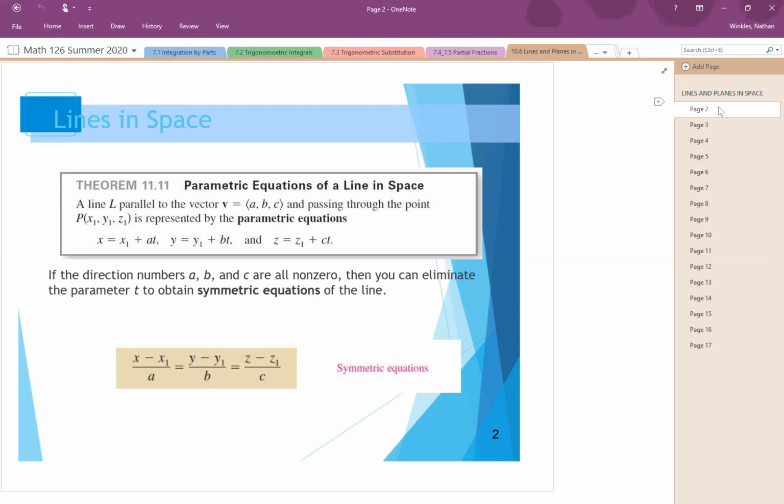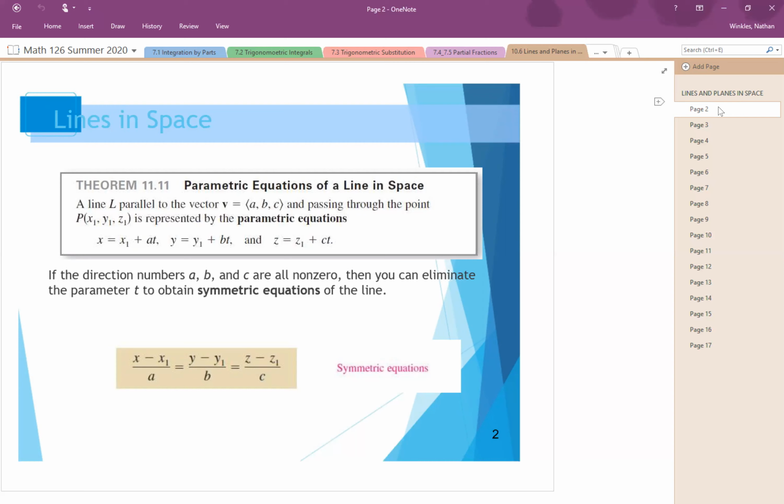If the direction numbers a, b, and c are all non-zero, then you can eliminate the parameter t to obtain the symmetric equations of the line: (x minus x1) divided by a equals (y minus y1) divided by b equals (z minus z1) divided by c.